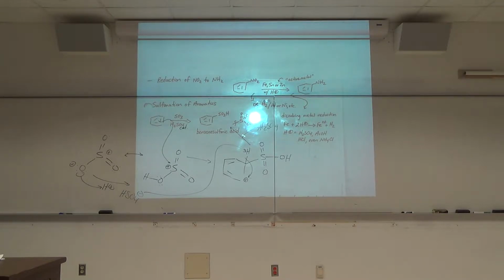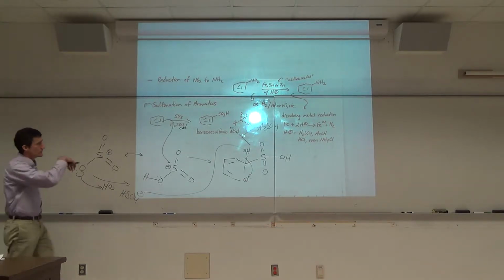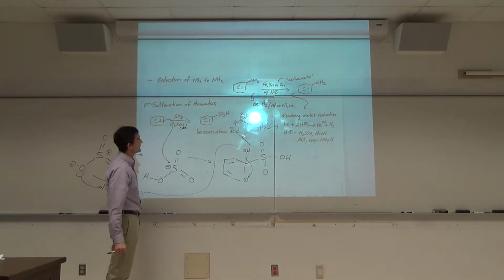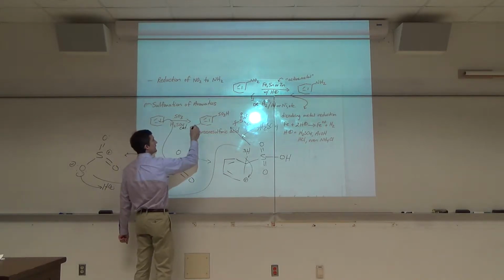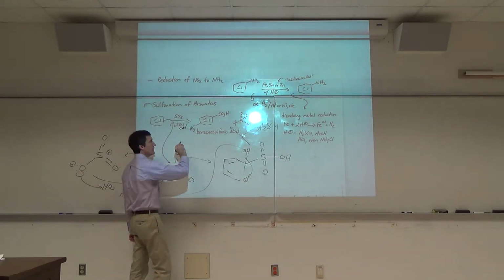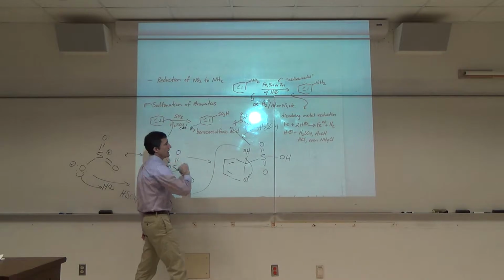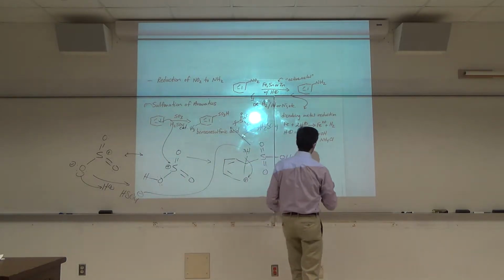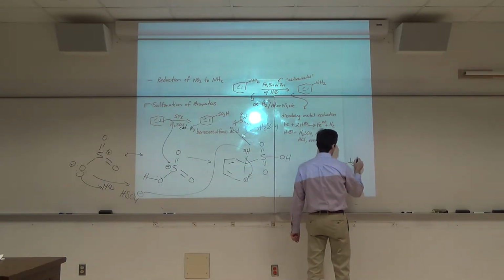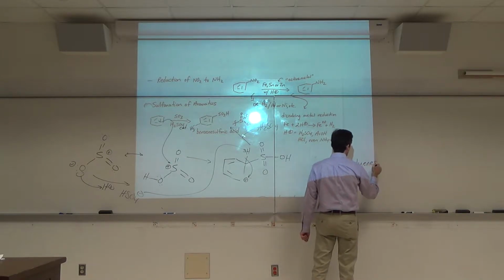Benzene sulfonic acids are not that common, although if you put a methyl here, in the para position, with the methyl there, it's called para-toluene sulfonic acid.